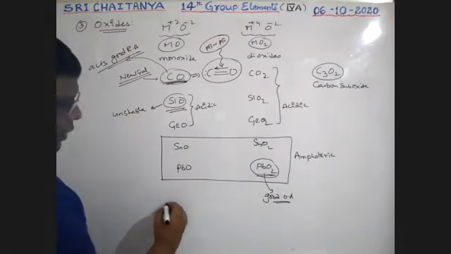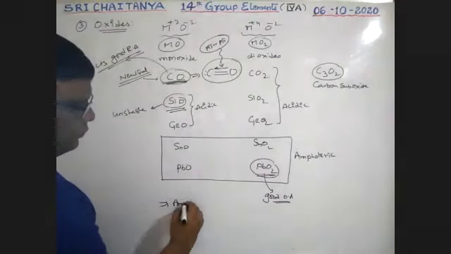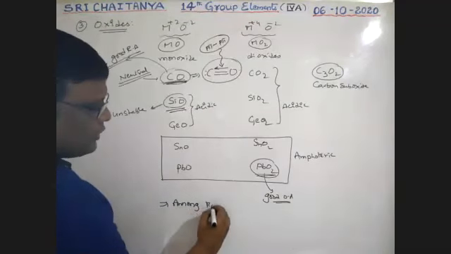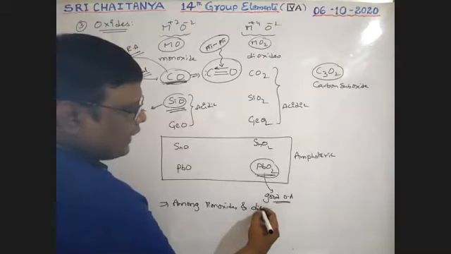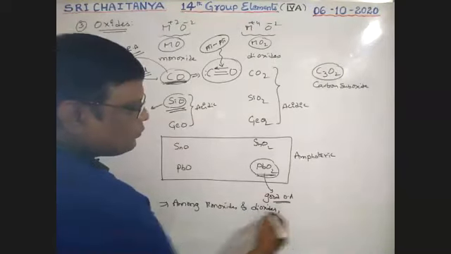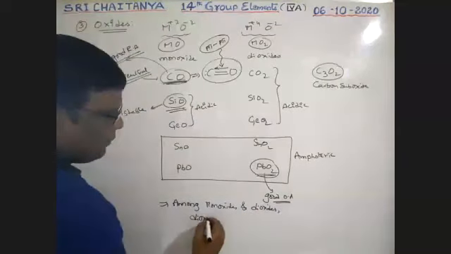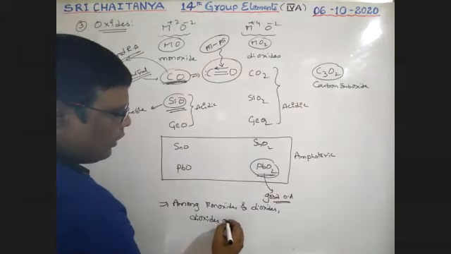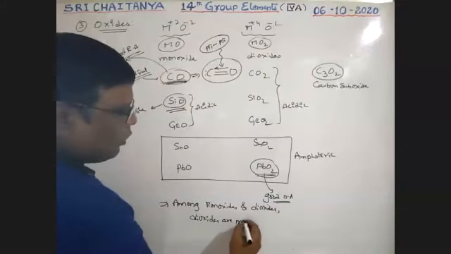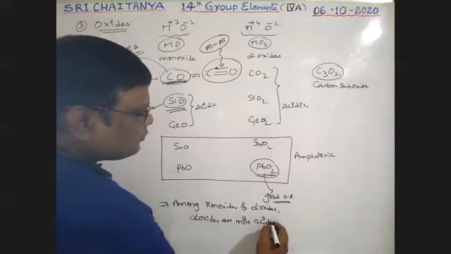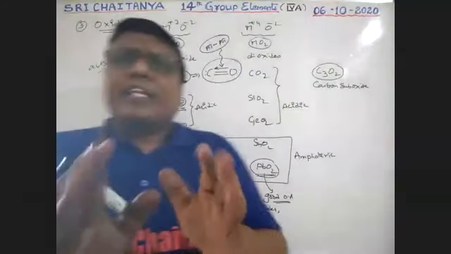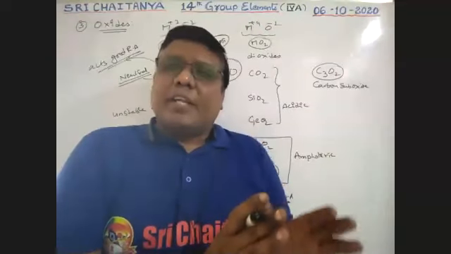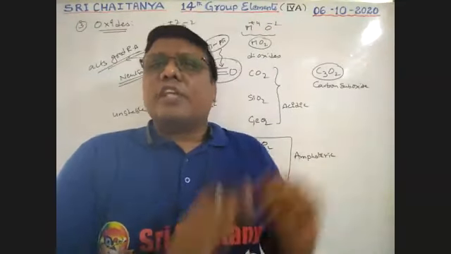Next, among monoxides and dioxides, dioxides are more acidic. Boys, for a single element, as the oxidation state of the central element increases, acidic nature also increases.